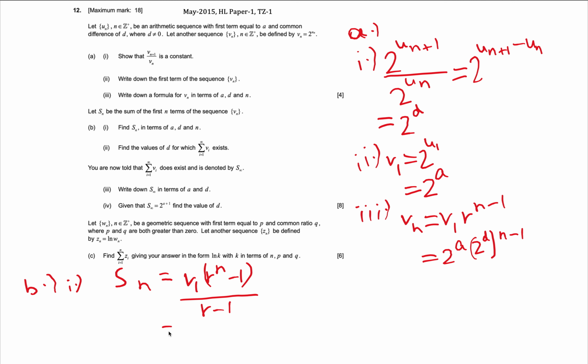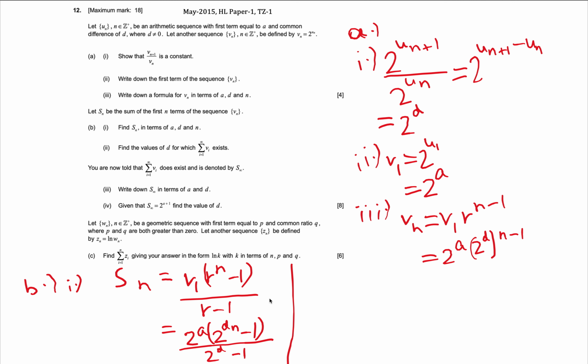So this will be equal to 2 to the power of a, times 2 to the power of dn minus 1, upon the common ratio minus 1, which is 2 to the power d minus 1.